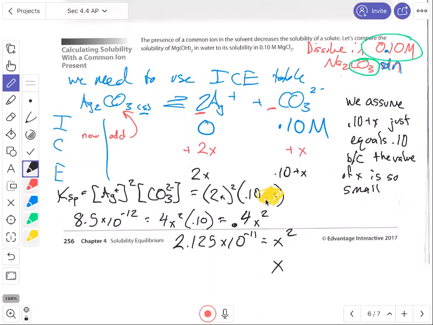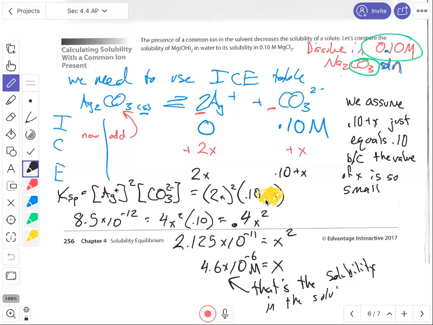And how do I get x? Square root. So 4.6 times 10 to the negative 6, right? So that's the solubility in the solution.